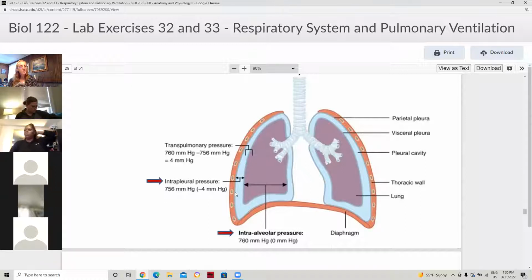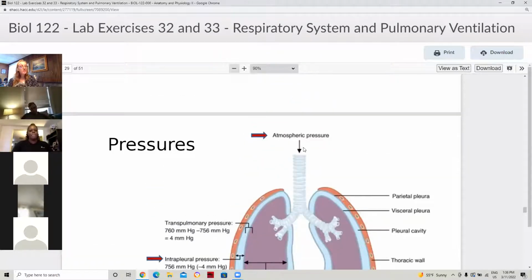Intrapleural meaning in between the pleura. The intraalveolar pressure is the pressure within the alveoli and within the lungs. So atmospheric pressure, 760 torr.